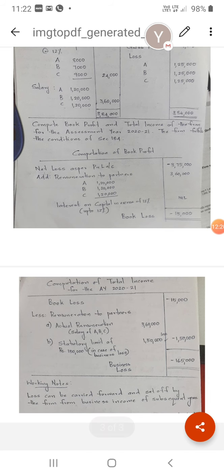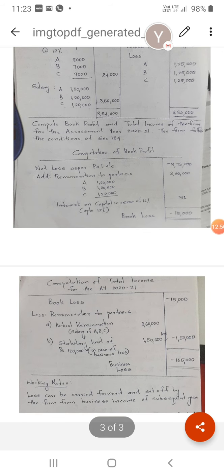In the case of book loss, as in our question, instead of book profit in the first part we are getting book loss. In such a case, while computing the total income of partners, in the second part, that means remuneration under section 40(b), the statutory limit of 1,50,000 can be taken. You don't want to consider the other two criteria, 90% and 60%.